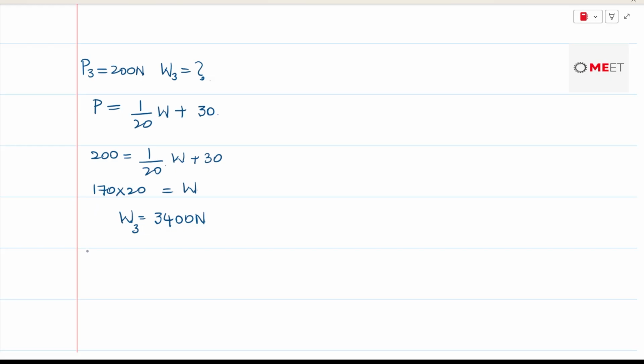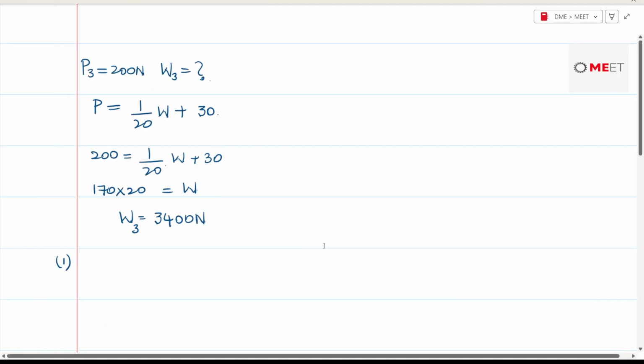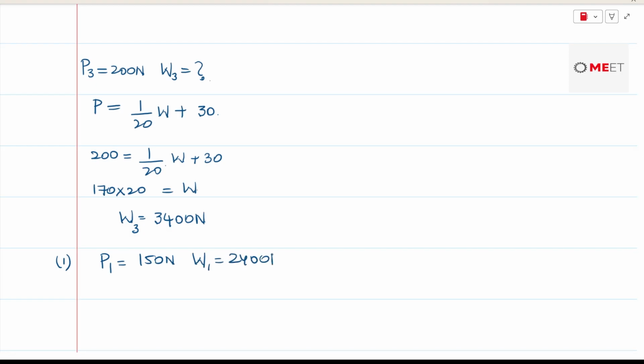Now for the given situations, the mechanical advantage needs to be calculated. For condition 1, the effort is 150 and the load is 2400, and in the second case the effort is 180 and the corresponding load is 3000. So P1 is equal to 150 Newtons and W1 is equal to 2400 Newtons.